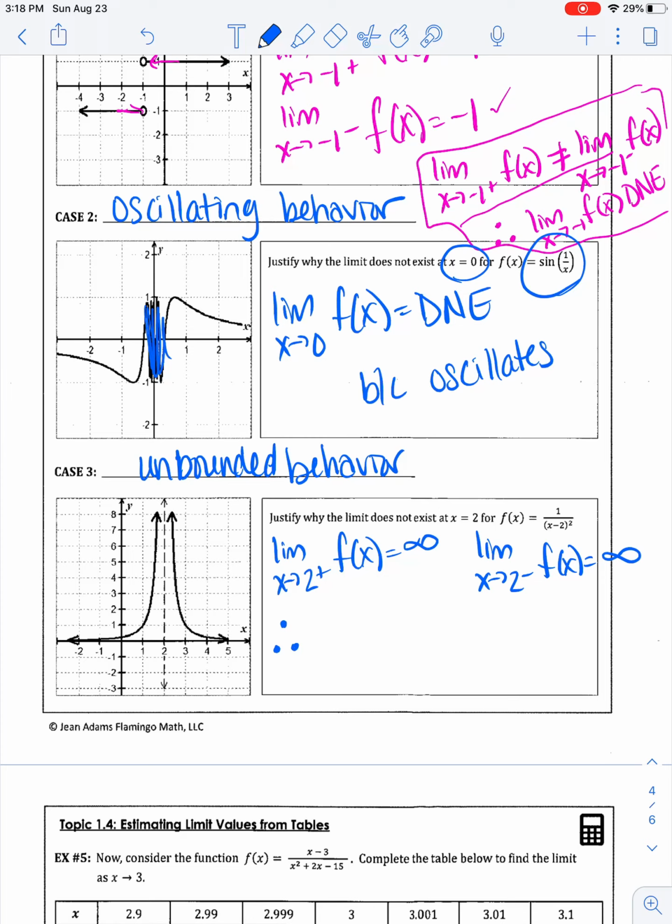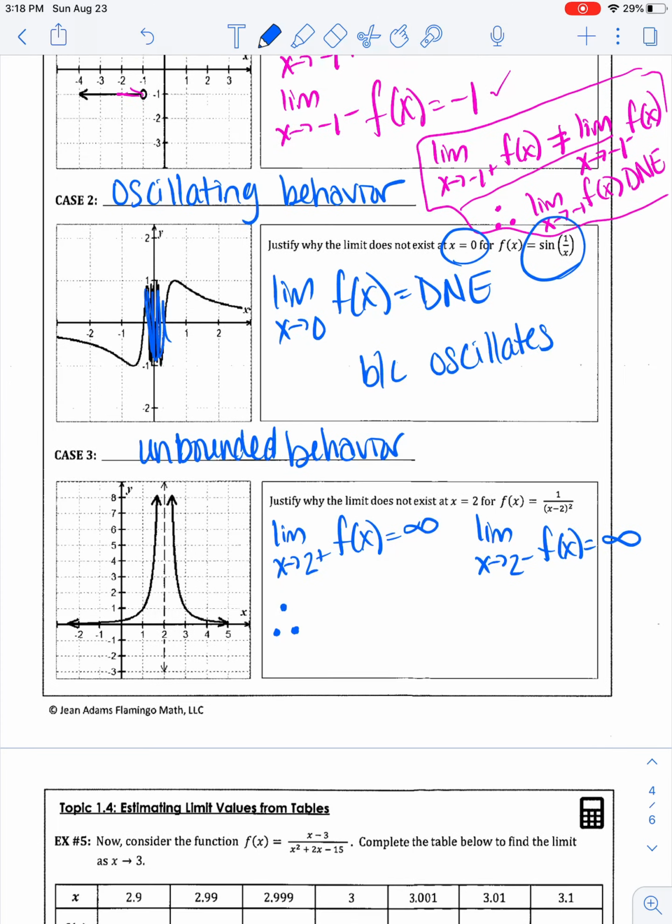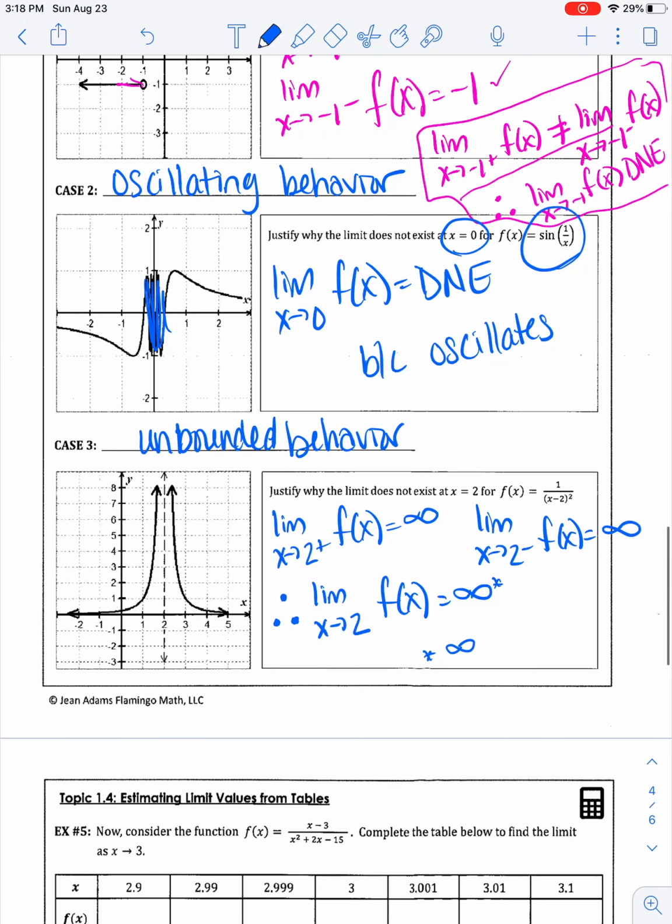I would conclude, and I have no problem going ahead and establishing this with you guys, that because they're both headed to infinity, I'm going to say that the limit as x approaches 2 in general of f of x is infinity. At the beginning of this course, they kind of have a little asterisk by infinity and say infinity is not a real defined number.